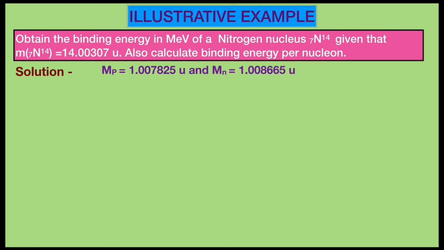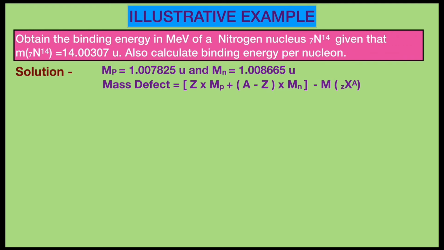So let me tell you, the mass of proton is equal to 1.007825 atomic mass unit, and mass of neutron is 1.008665 atomic mass unit. So first of all, we will calculate mass defect by using the formula of total mass of nucleons minus actual mass of the nucleus.